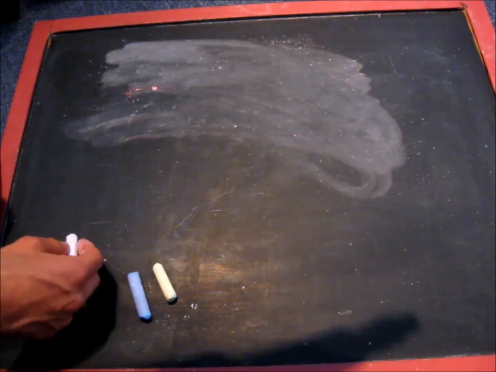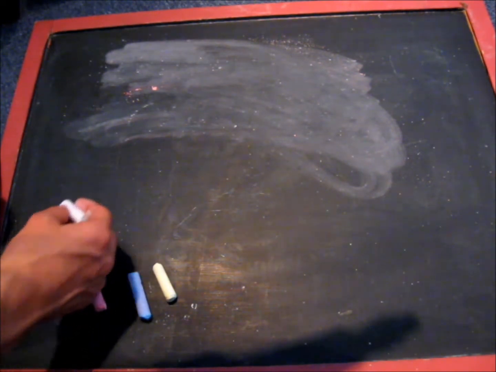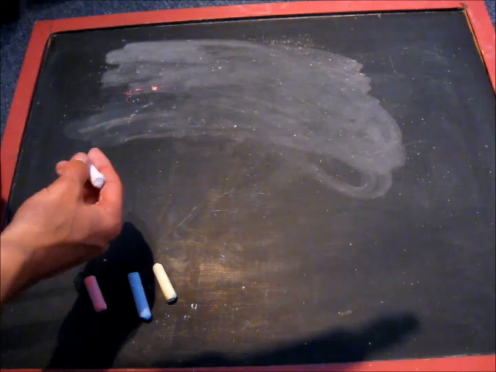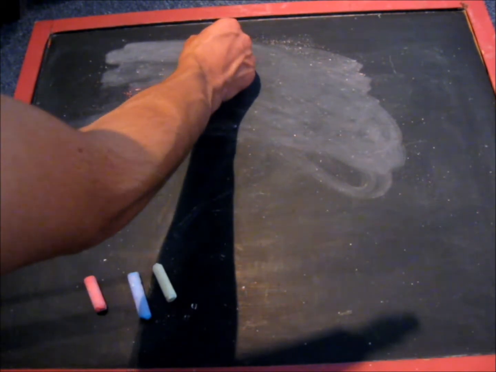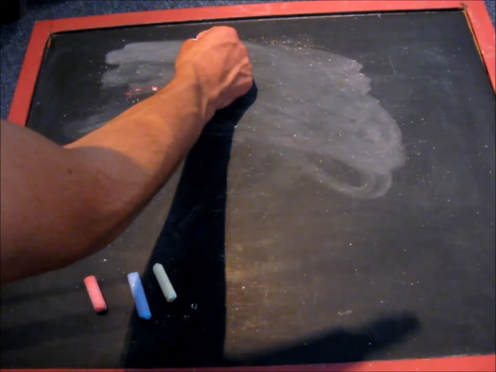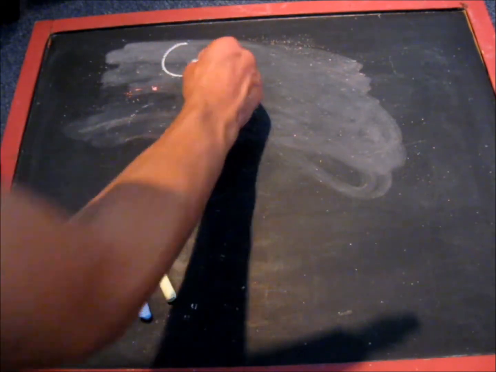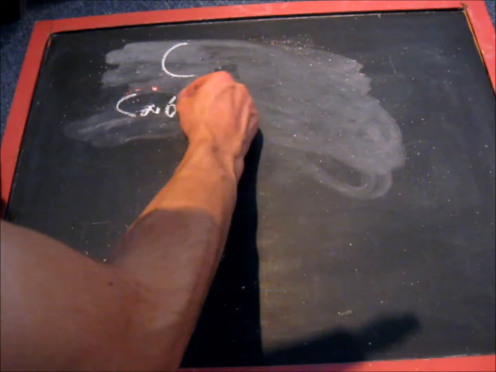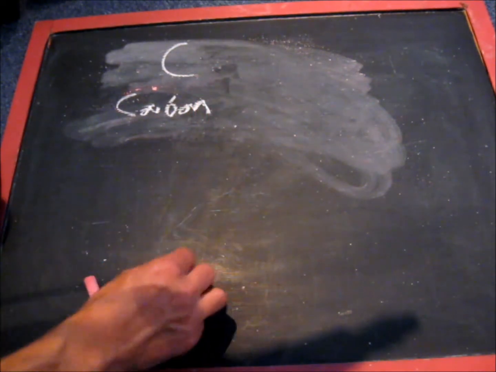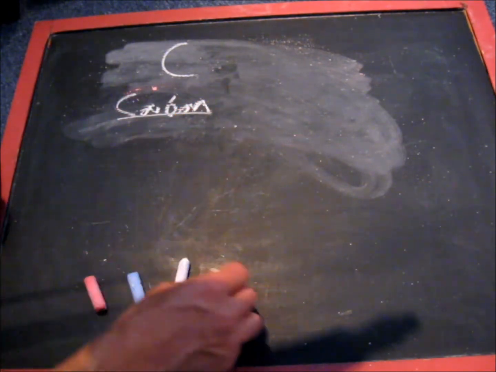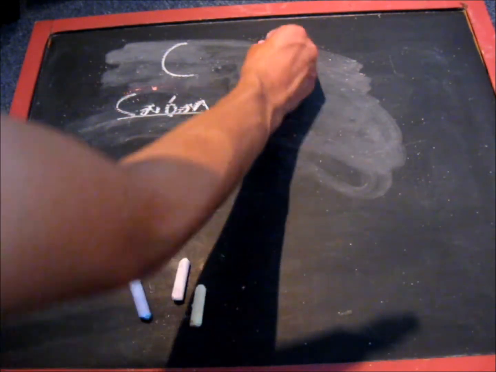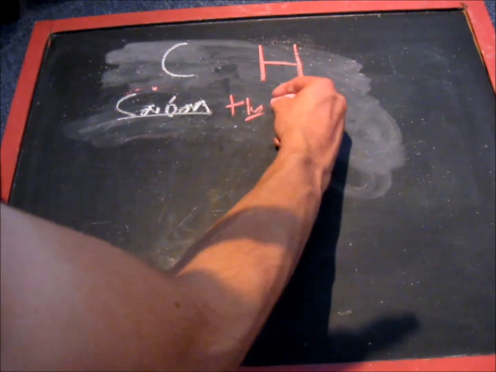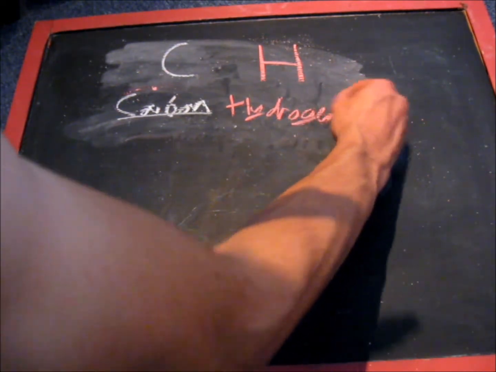Organic molecules or chemicals are mainly made up of, well, at least the ones I've covered so far, two main elements, and that is carbon, as you can see there, carbon, and hydrogen.